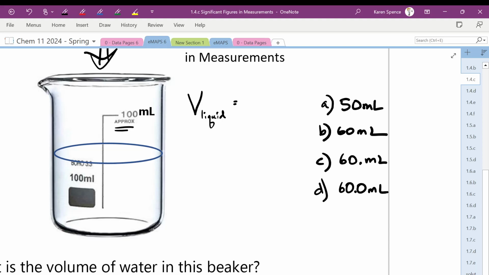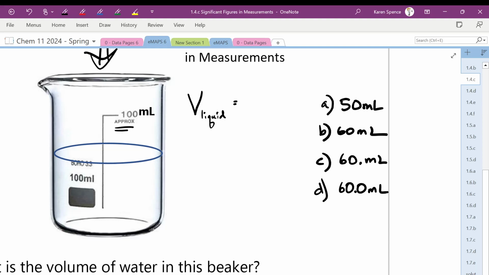All right. How about B, 60 milliliters? Okay, got lots of thumbs up on B. How about 60 with the decimal milliliters? And it's okay to say, I don't know. You can be like, what the heck is that decimal about, Ms. Spence? I just don't understand. Because at this point, you might not, right? If you haven't taken physics yet.